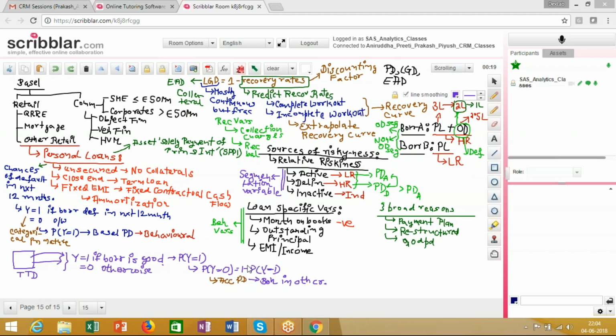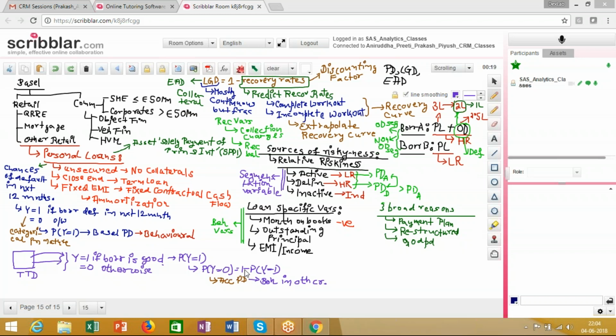So before I move on, I'll just take up Anirudh's question. I will explain the behavioral variables. For example, suppose I am paying my loan EMI every month, and then I become delinquent in a month. Why have I become delinquent? Because I did not pay my EMI. So delinquency actually captures the behavior of a borrower, and hence delinquency is a behavioral variable for us.